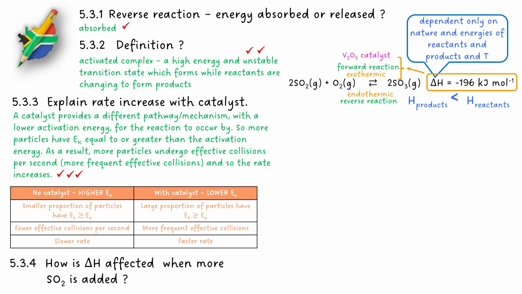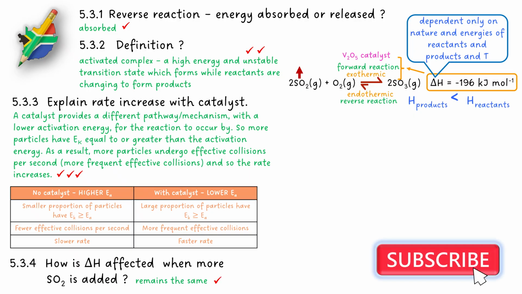We need to know that delta H depends only on the energies of the reactants and products, and not on their amounts or concentrations. When more SO2 is added, its concentration and pressure increases. The equilibrium shifts to the right and favors the forward reaction, according to Le Chatelier's principle, and more SO3 is produced.